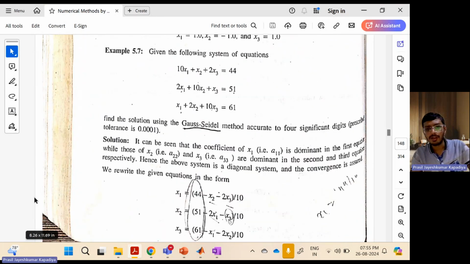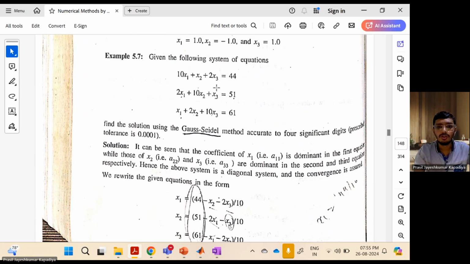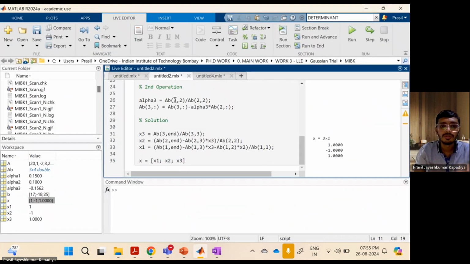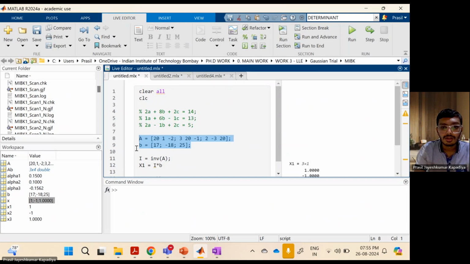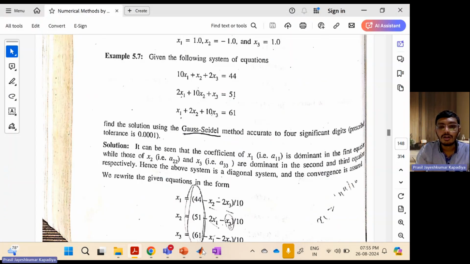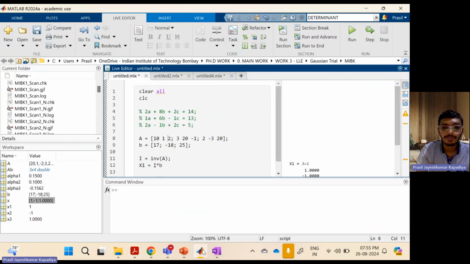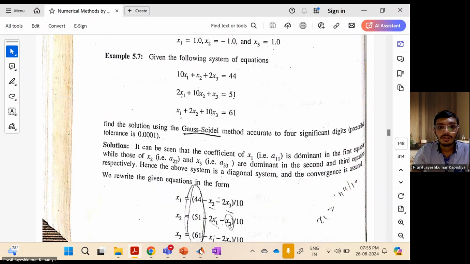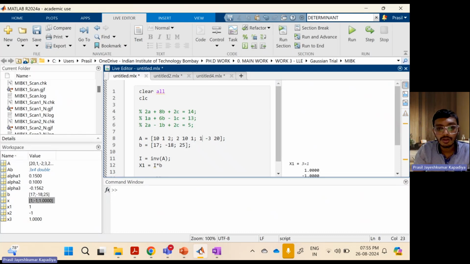So let's take this example. 10, 1, 2; 2, 10, 1; 1, 2, 10.